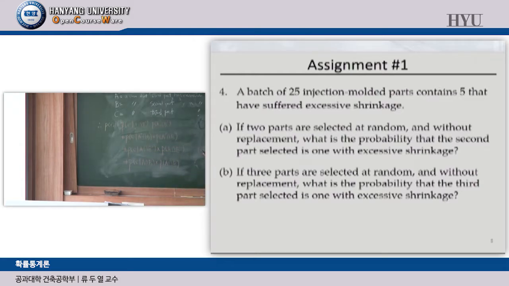So when we have the three cases, we can use this equation. Okay? Based on this tree diagram.